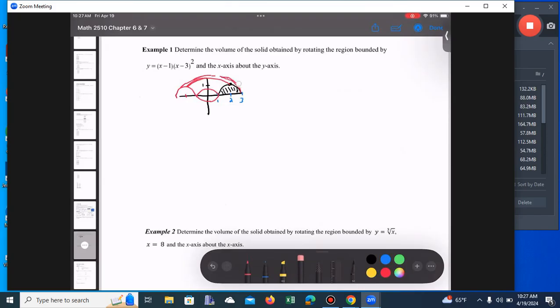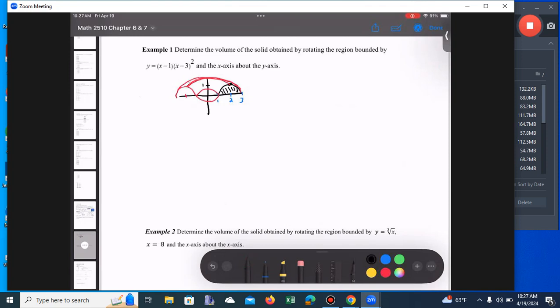That didn't work out as well, but it creates kind of half a donut or Bundt cake or something like that kind of shape.